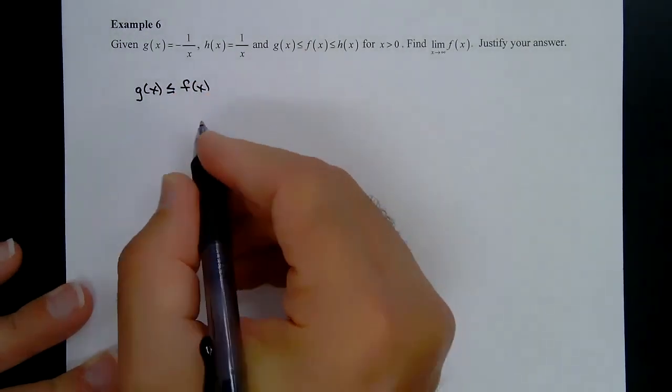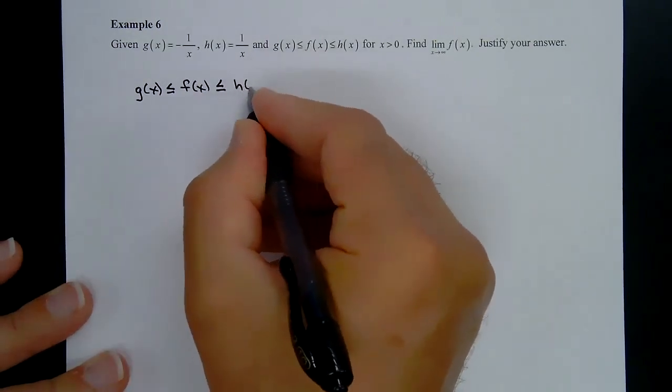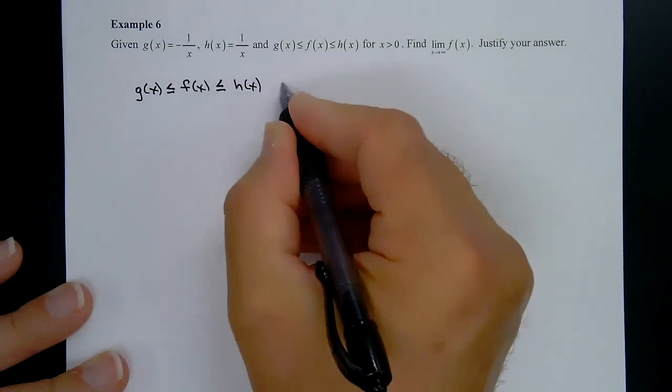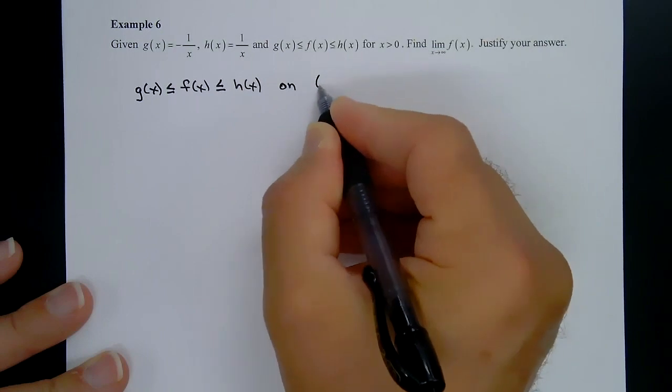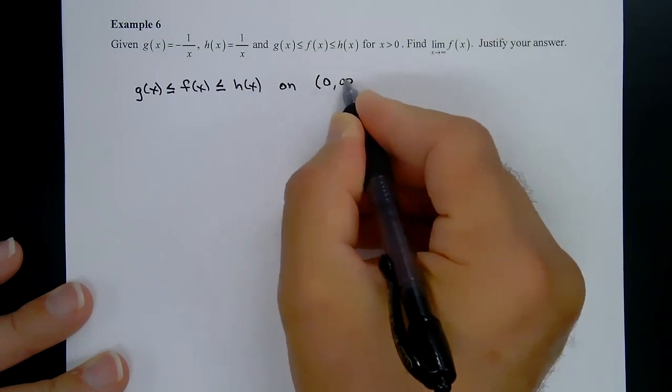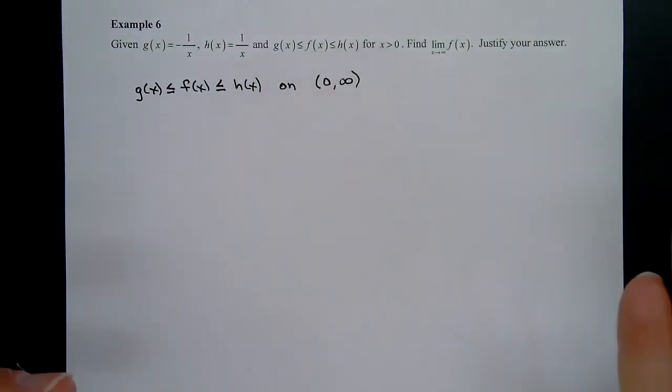You got to say what I'm writing here, even though it's said right here, okay? h of x on, okay, so I'm going to use interval notation, and that would be 0 to infinity. So we've established that f of x is in between by it's given to us.